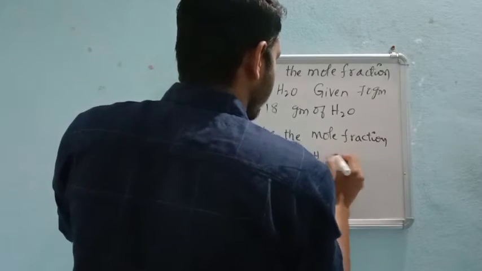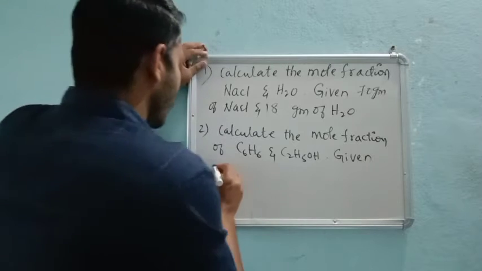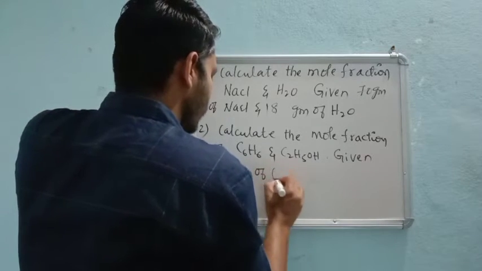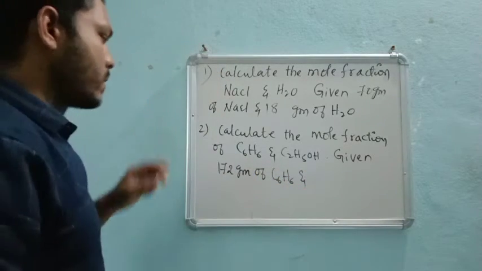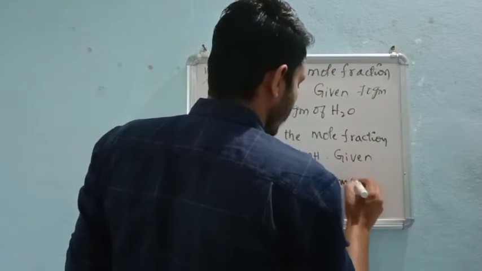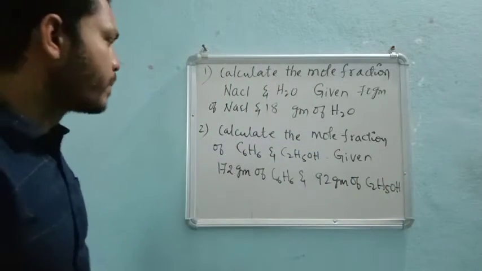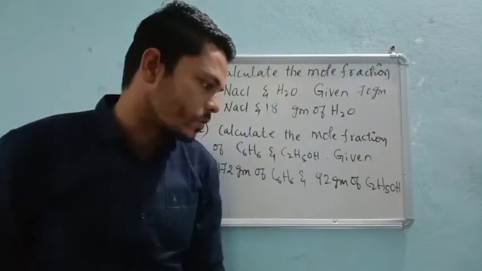C2H5OH, given 172 gram of benzene and nearly 92 gram of ethanol. So you calculate these two and try to send it to me, right? These are the two problems. If you want, you can copy them also.